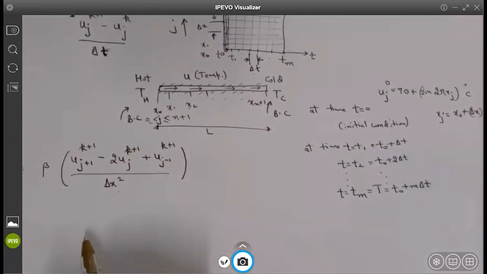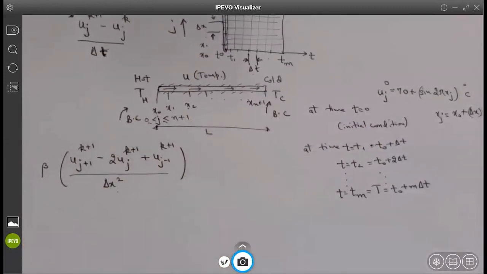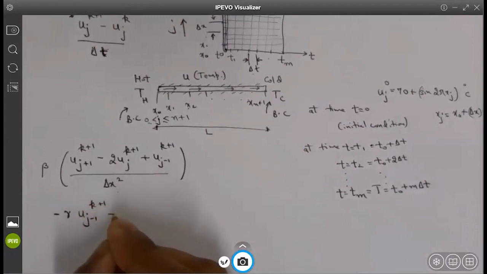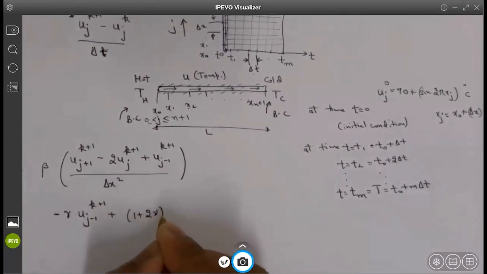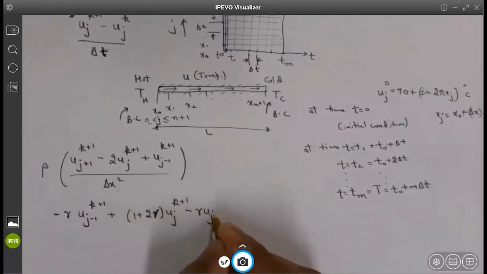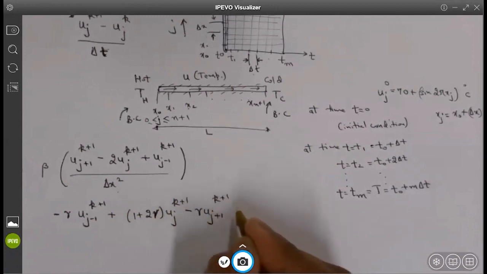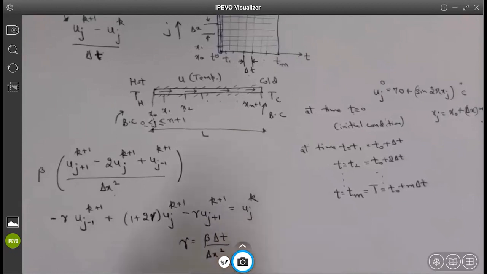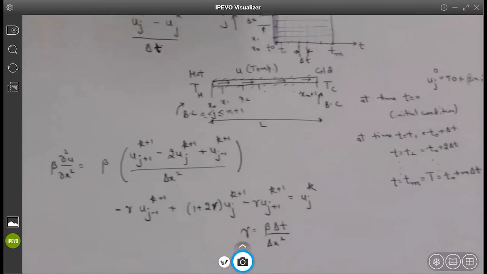So if you equate these, you will end up with the equation that was given to you as minus gamma u of j minus 1, k plus 1, plus 1 plus 2 gamma u of j, k plus 1, minus gamma u of j plus 1, k plus 1 equals u of j k, where gamma is beta times delta t divided by delta x square. Okay, so is everybody with me so far?